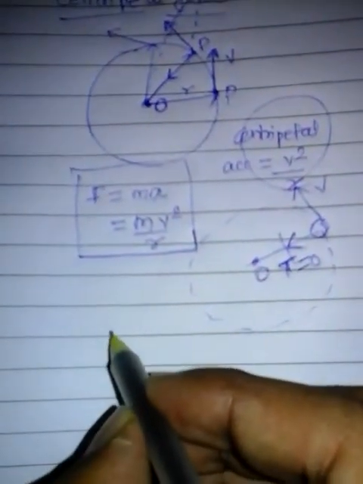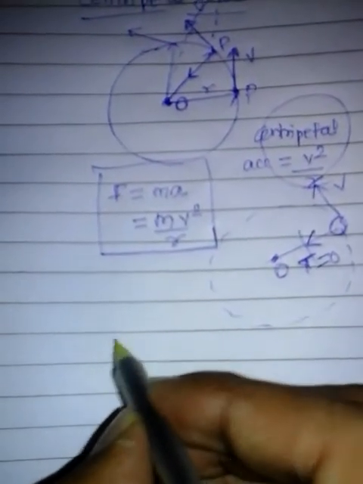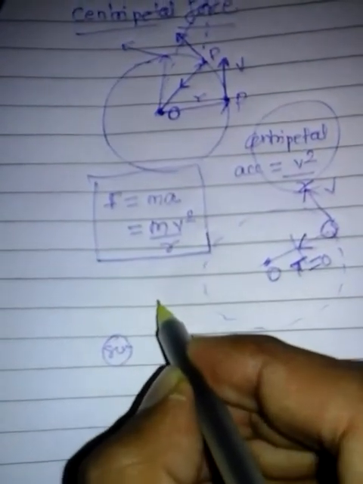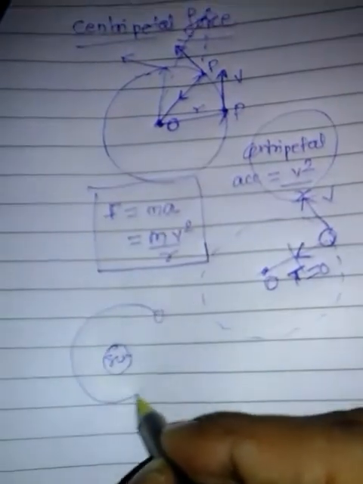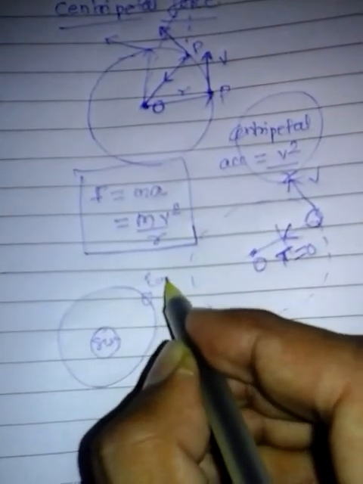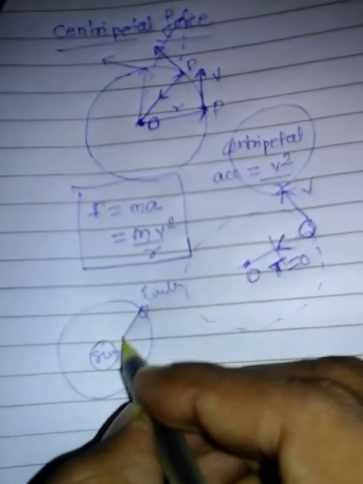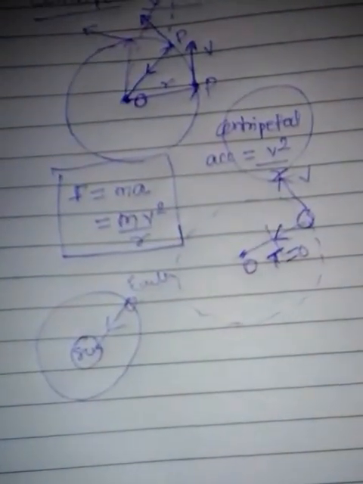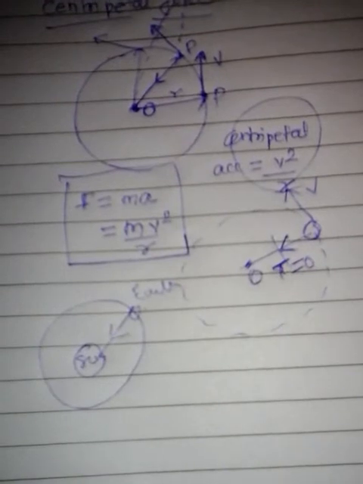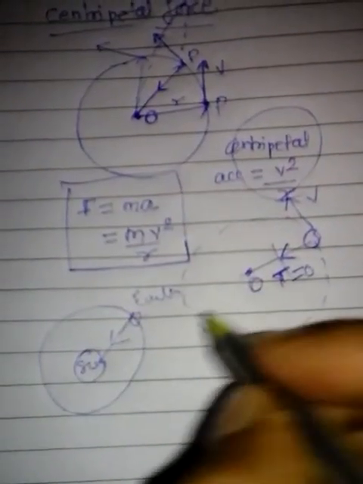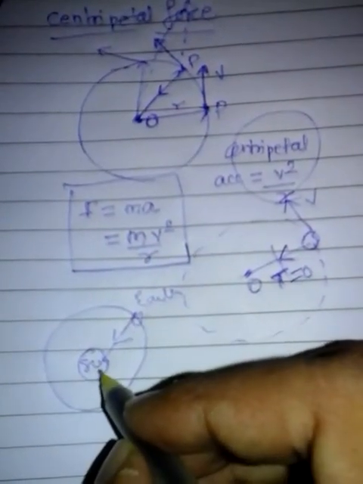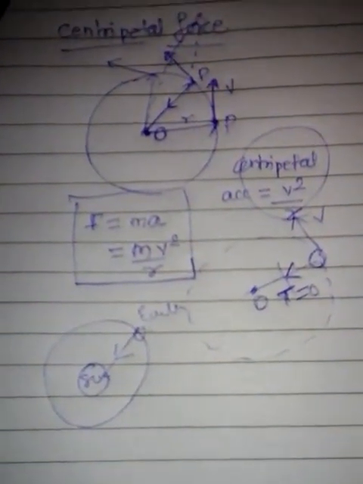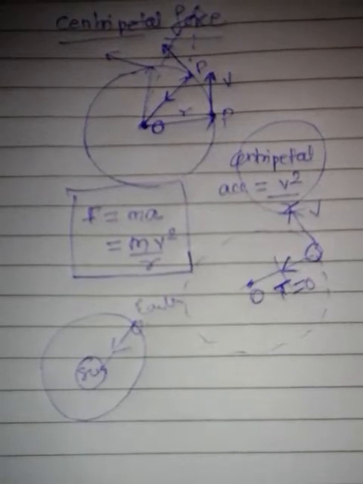If we look at the universe or solar system, the sun is the center, the earth is performing the circular motion around the sun. The centripetal force is provided by the gravitational force between the sun and the earth. If we go to an atomic scale, then the electrostatic force of attraction plays the role of centripetal force between the nucleus and the electron.